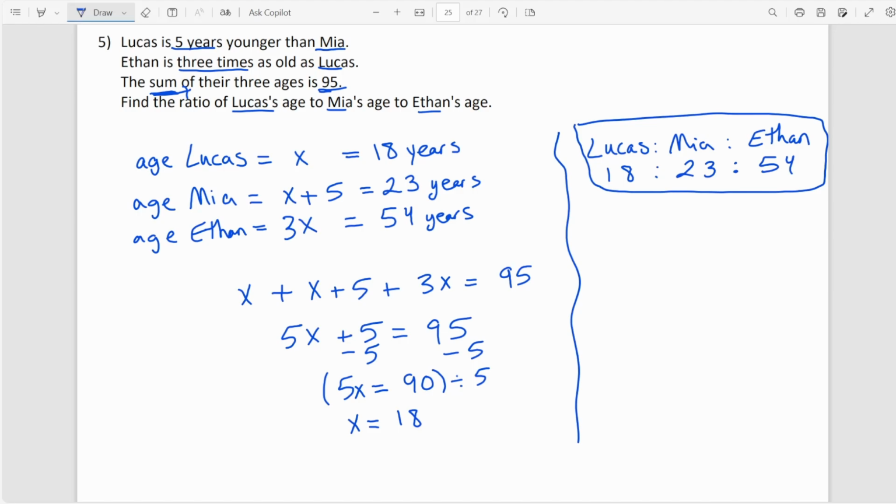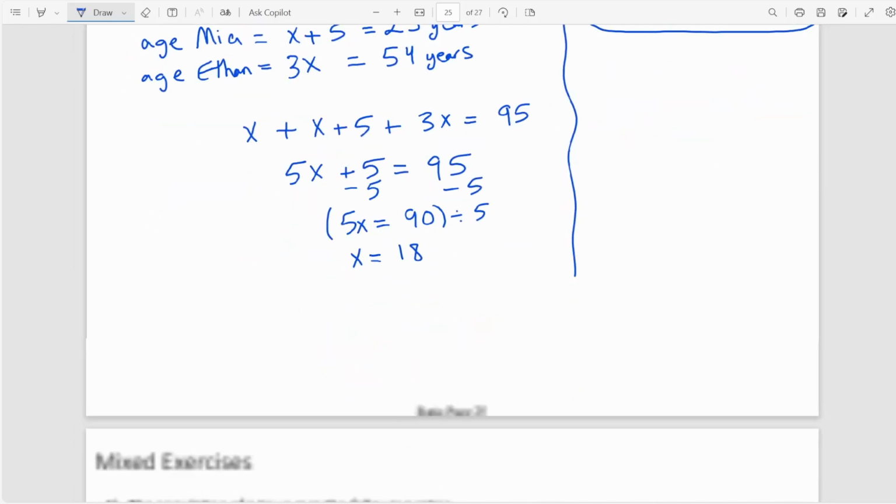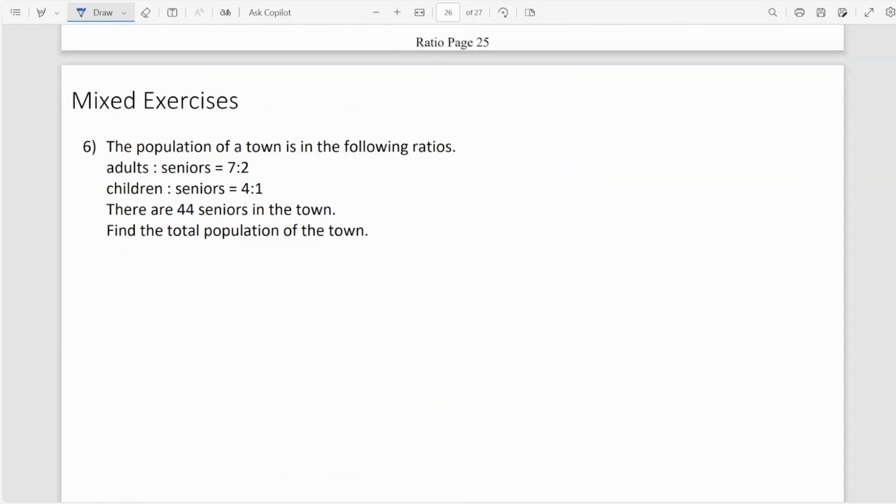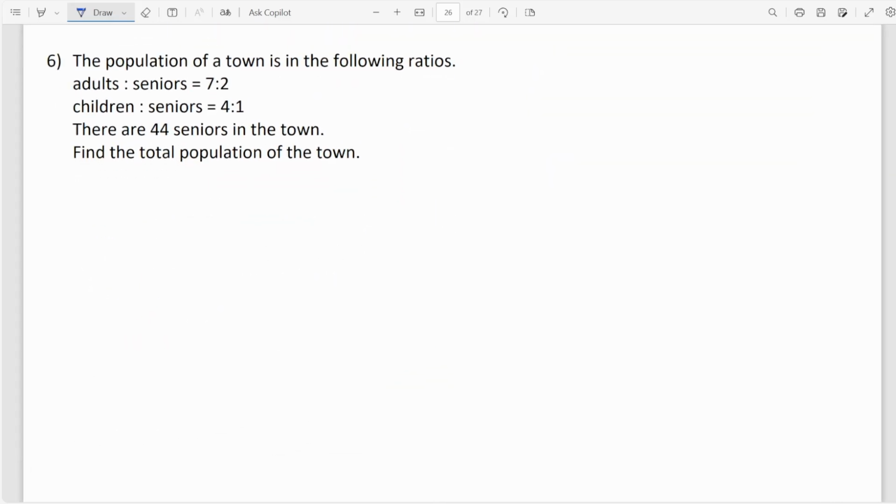And by the way, there isn't even a simplification because 23 is a prime number, right? And 18 does not divide by 23, so no way will you find anything to divide by. So this is actually the simplest form. All right, let's move on to the next question.